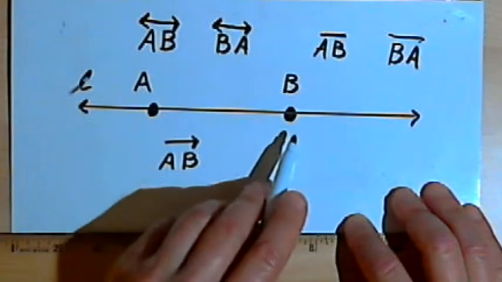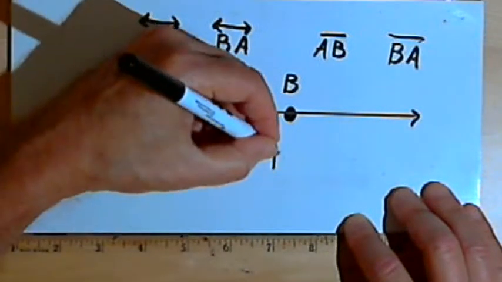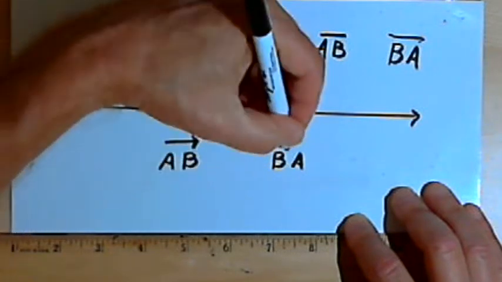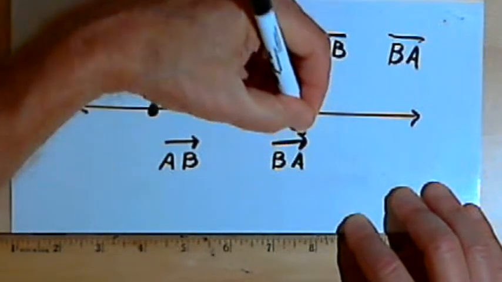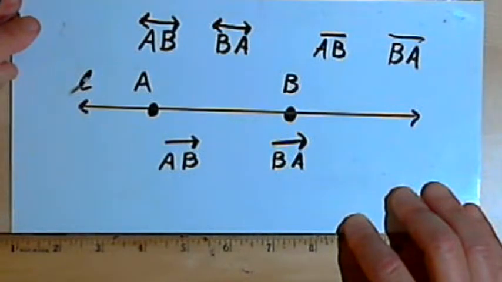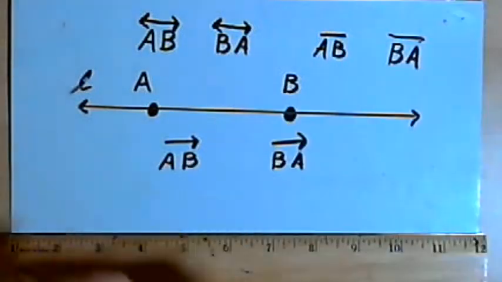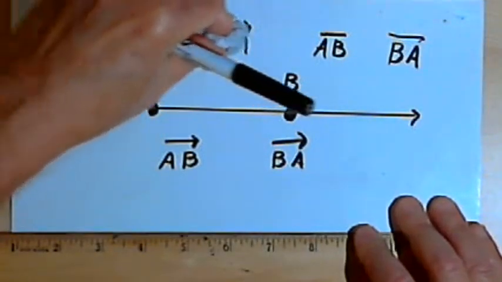Now, of course, we might have gone in the other direction. We might have started at point B and gone through A. I might have had ray BA.